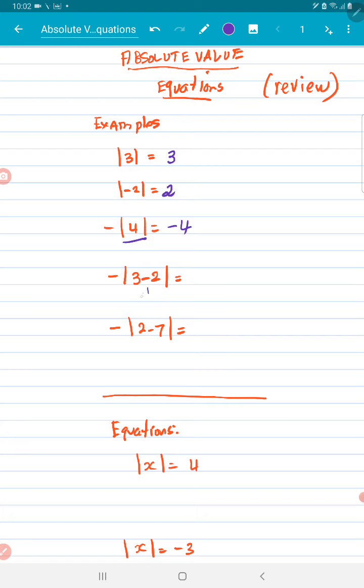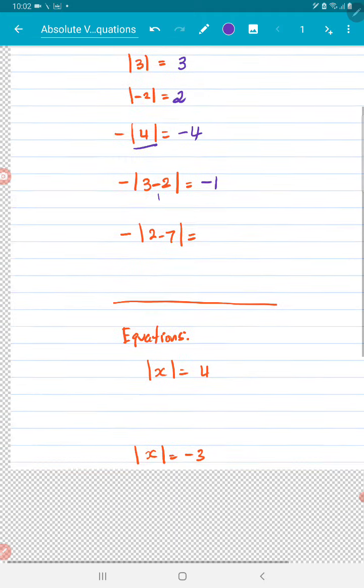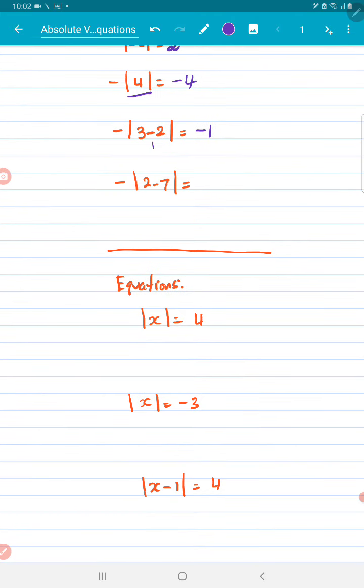Absolute value of 1 is 1, and there's a negative sign, so that will become -1. 2 minus 7 is -5, but we have a negative sign, so we write that down. Absolute -5 is 5, but there's a negative sign, so -5.